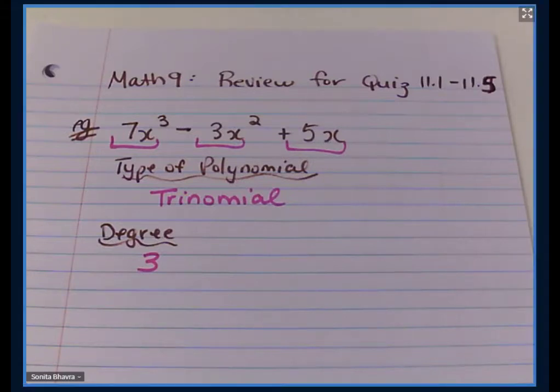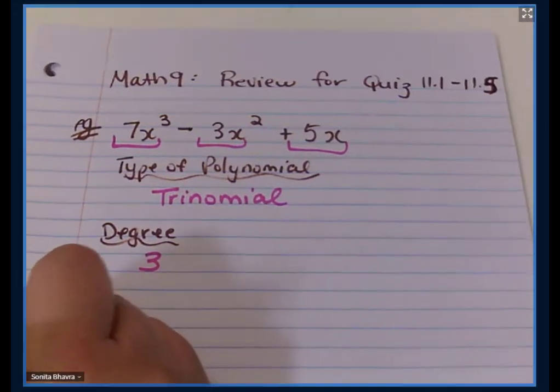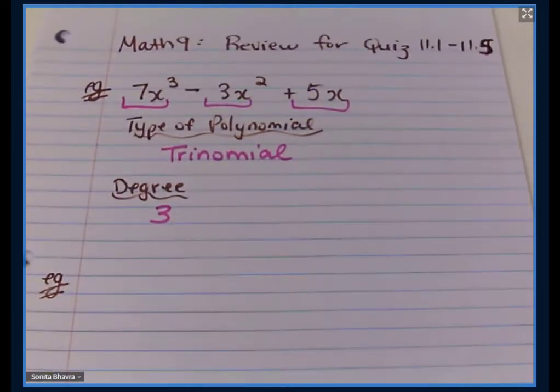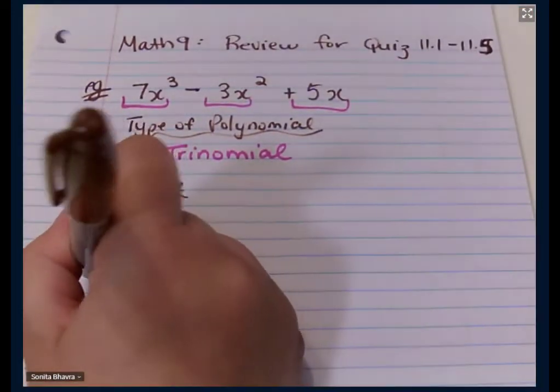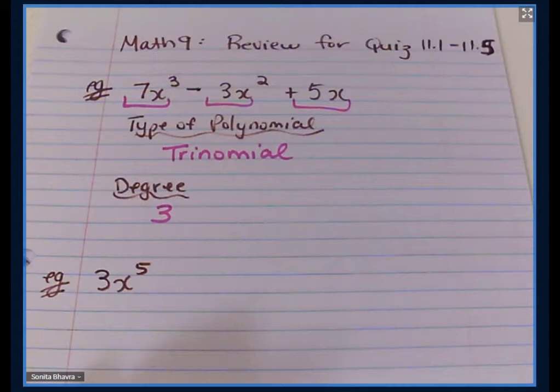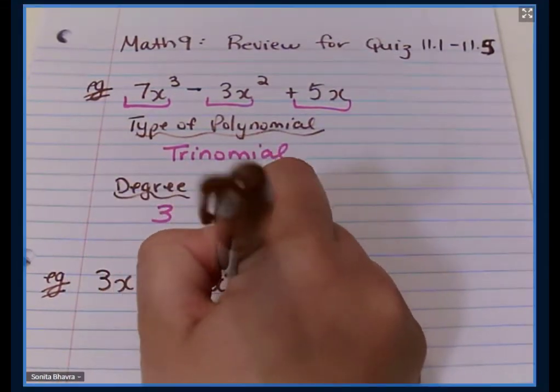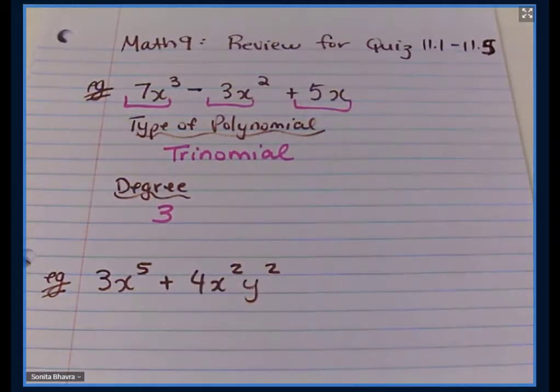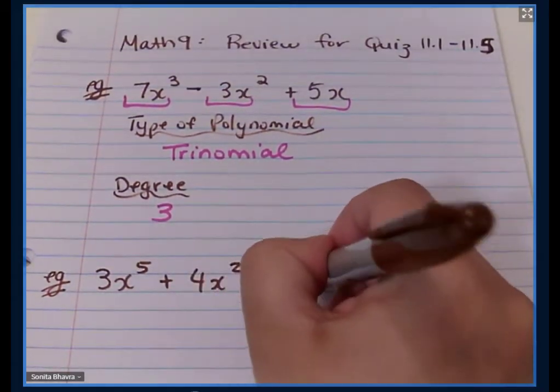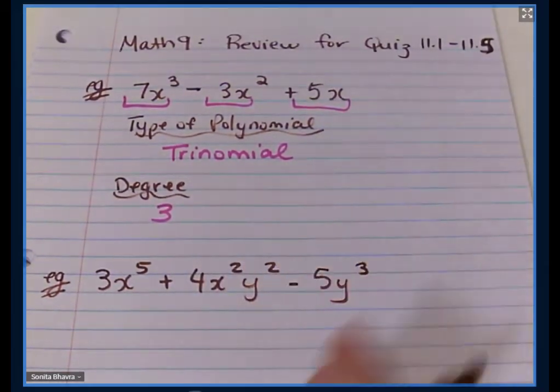Okay, let's take a look at another example. Let's say we have 3x to the power of 5 plus 4x squared y squared minus 5y cubed.